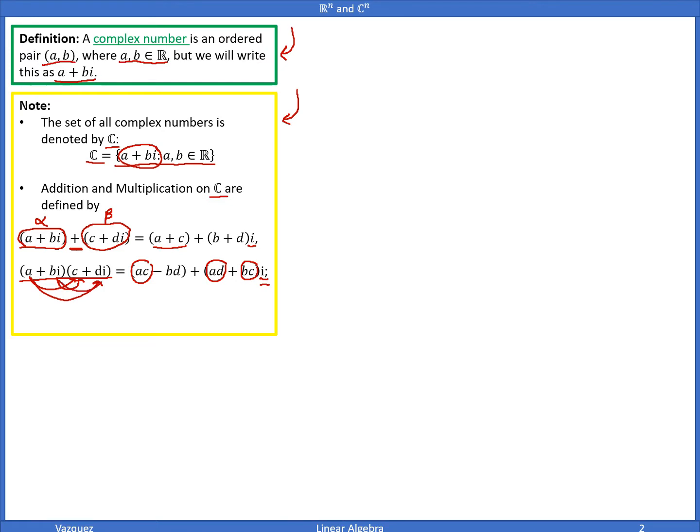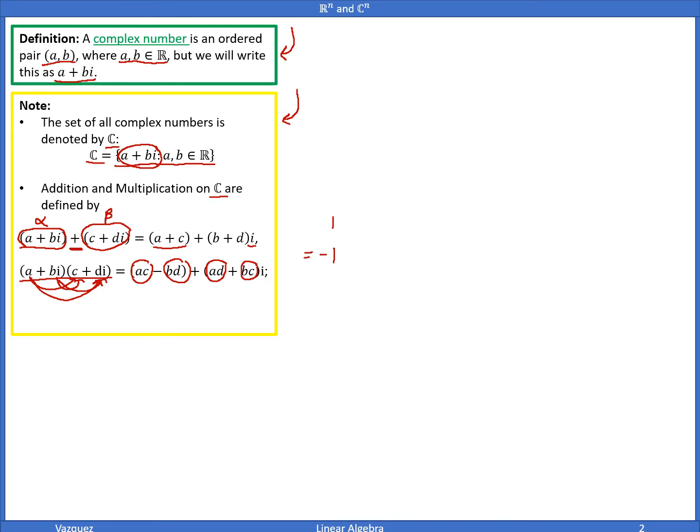And finally, bi times di, which, if you remember, we assumed that i was the square root of -1. And if you remember from algebra 1 or 2 in high school, i squared is just equal to -1. So if we multiply bi times di, we get -1 times bd, which is why we're subtracting bd now. And that's how multiplication is defined for the complex numbers.